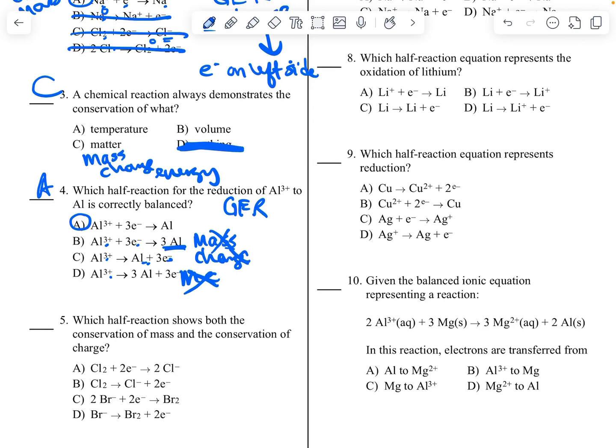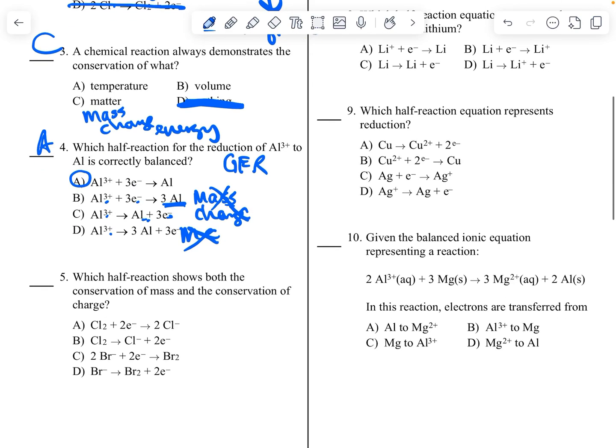Number 5, which half reaction shows both the conservation of mass and conservation of charge? So again, we want the same number of atoms on both sides. So in part A, 2 chlorines on both sides, that's good. And then this side is -2 overall, 0 and a -2. Oh, and this is -2, so that should be our answer. In part B, we have no mass conserved because 2 chlorines here, 1 chlorine here.